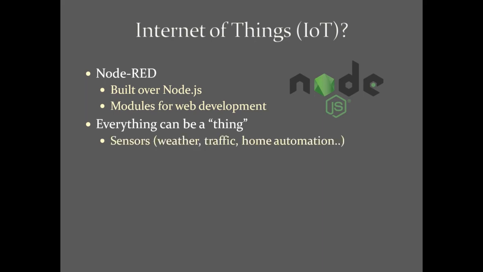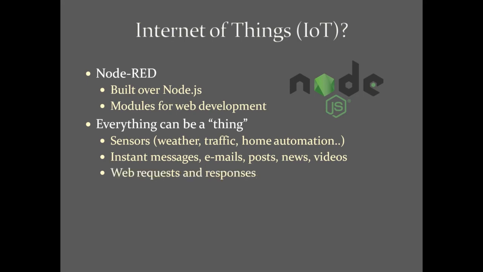However, if you think about it, everything can be a thing. It's not that only sensors like weather, traffic, or home automation are things. Actually, instant messages, emails, posts, news, videos, etc. they are all things as well. And more generally speaking, web requests and responses are things as well, and that's what we will be working with. So it seems that we're entering an age where everything is converging into IoT.